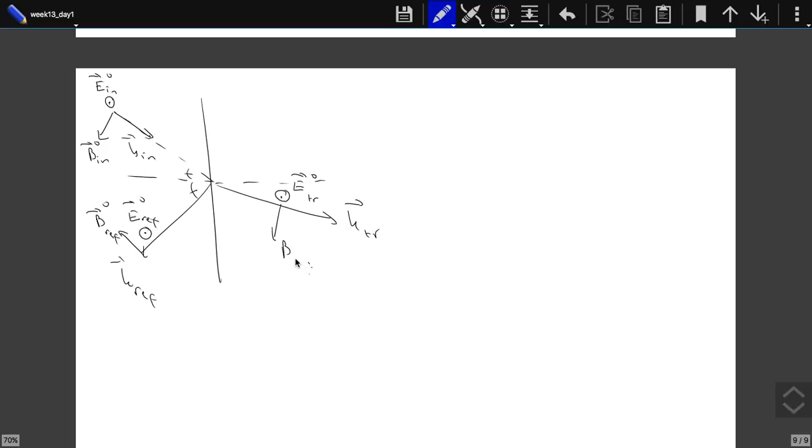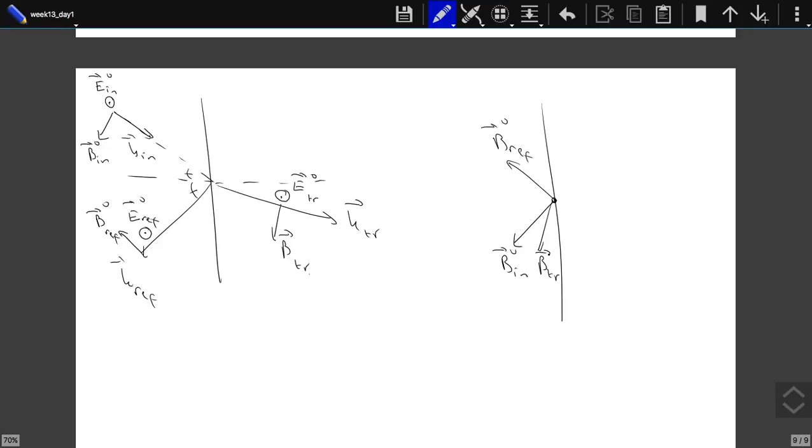Or let us just show all the B vectors at this point. This is B incident. This is B reflected. And B transmitted is somewhere like this.